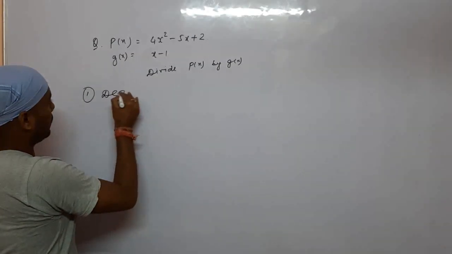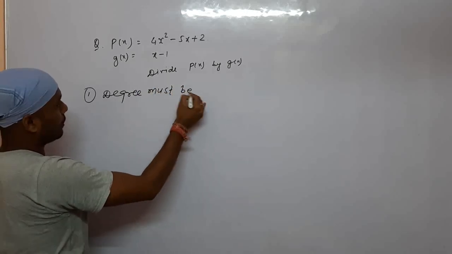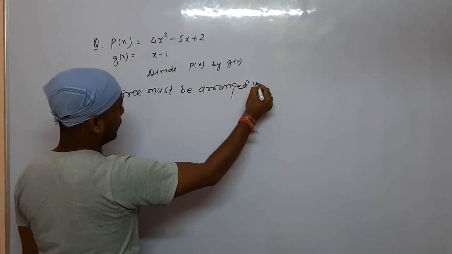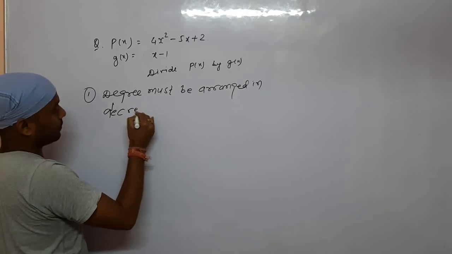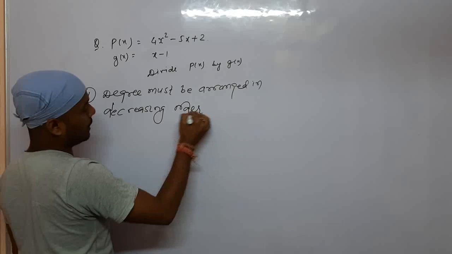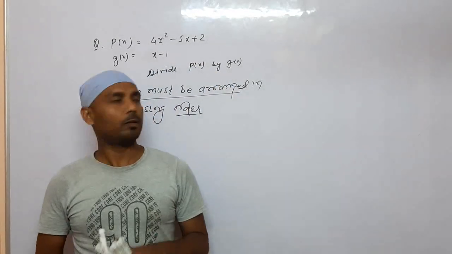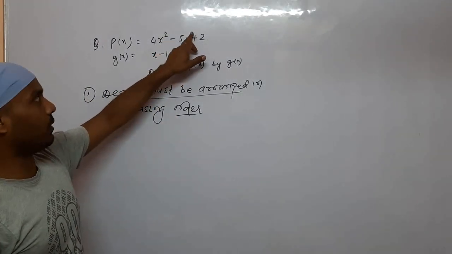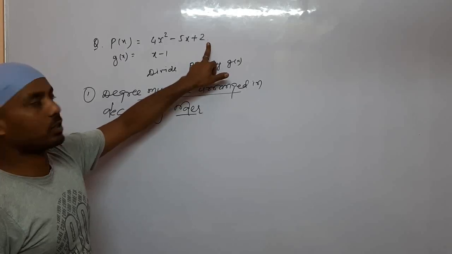Here, see the degrees: x to the power 2, x to the power 1, and here nothing, which we can say is x to the power 0.